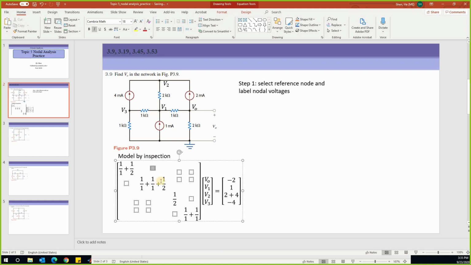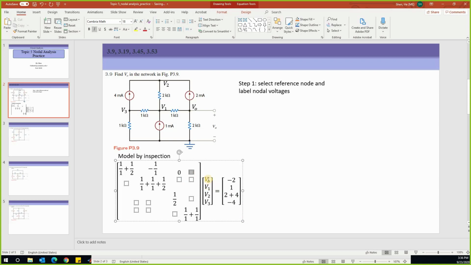So this is the first row, second column, so it's shared between V0 and V1. Between V0 and V1 there is 1 branch shared, so that is a -1. This one is the first row, third column, between V0 and V2. V0 and V2, nothing there, so that is why we have 0 here.